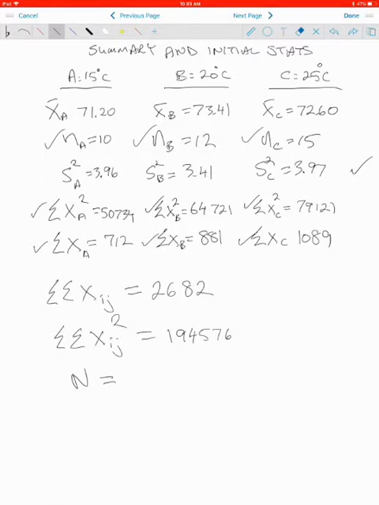Pretty trivial. That ends up equaling 37. Okay, so those are the initial summary statistics and intermediate calculations that will be helpful in computing sums of squares. So let's now move on and calculate the sums of squares.